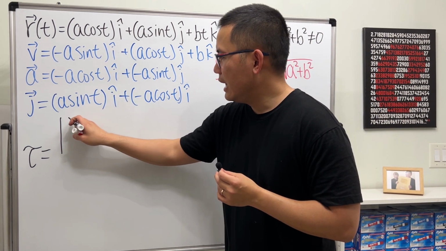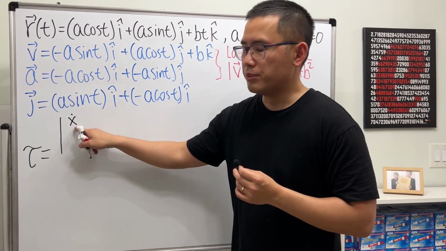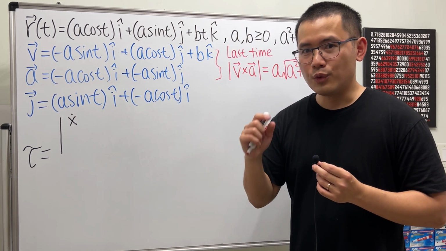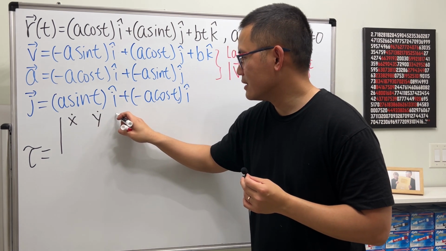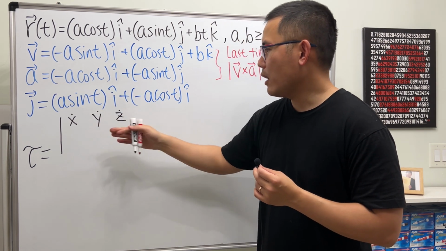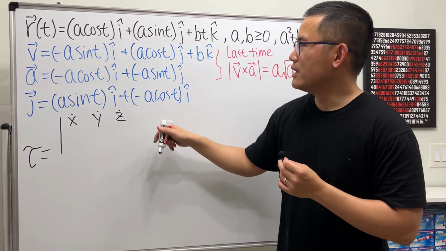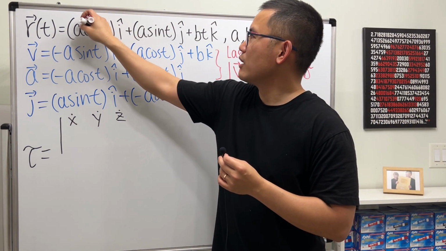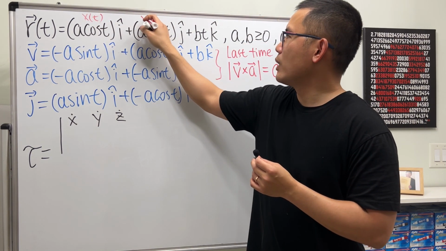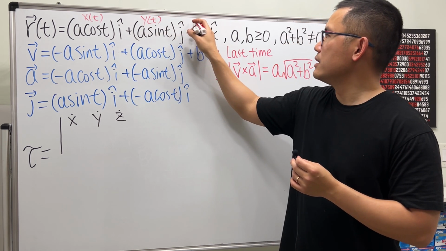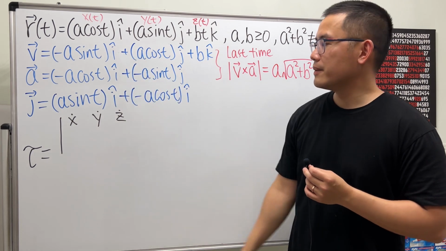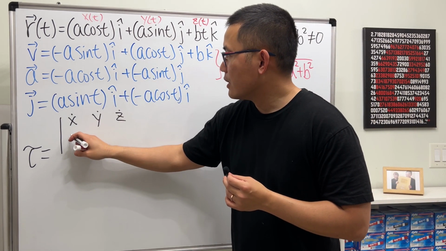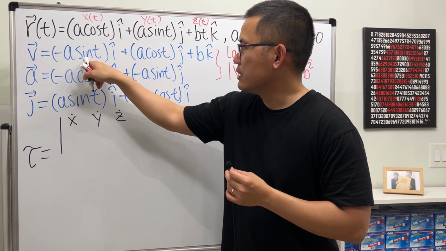We write x with a dot just to mean the derivative when you have one dot, and then y dot, z dot. So why are we using x, y, z? This right here is x of t, this right here is y of t, and this right here is z of t. We're just picking up the component part. Next, so this is the original, this is the derivative, right?